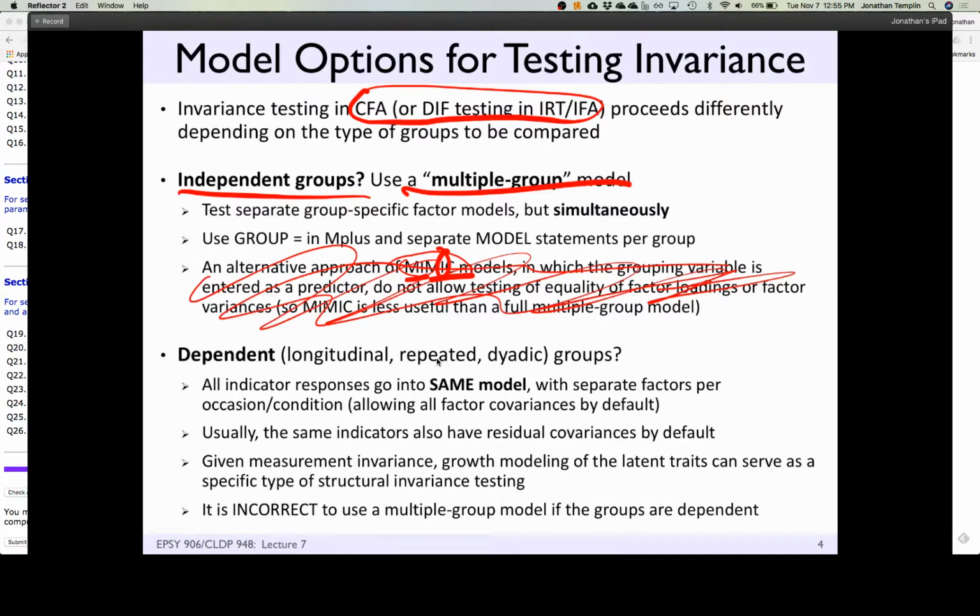What if you had dependent groups? For instance, the same people measured over time, or Form A and Form B with a set of anchor items, where people took both forms. We put everything into the same model, but with separate factors. If we're looking at measurement invariance across time, say with 3 time points, the same items and the same people, we trick the software into thinking there are 3 factors: a time 1 factor, a time 2 factor, and a time 3 factor.